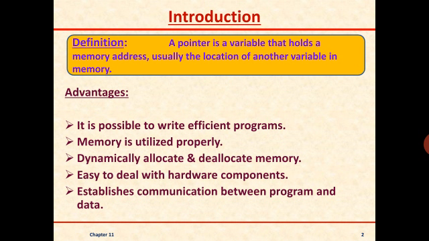Fourth one is it is easy to deal with the hardware components. And fifth one is it establishes the communication between program and the data. So students, we are going to learn in detail. These are the few advantages. That's why we are using the pointer variable instead of simple variable.